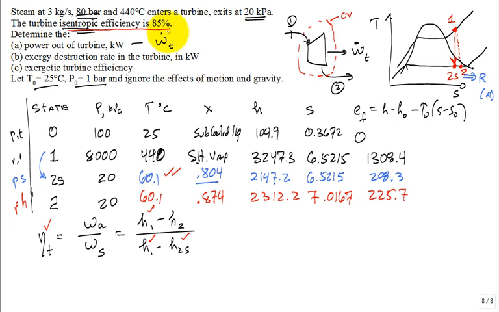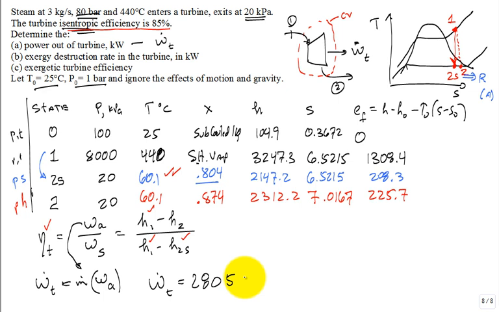What is W dot T? Is that the mass flow rate times W actual, which is H1 minus H2? Is that what it is? And yes, it is. And you calculate that the power developed by the turbine is 2805 kilowatts.